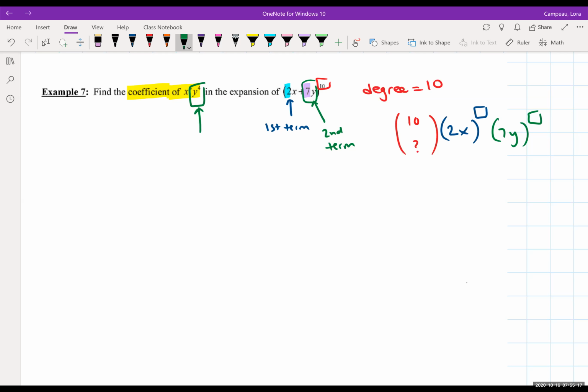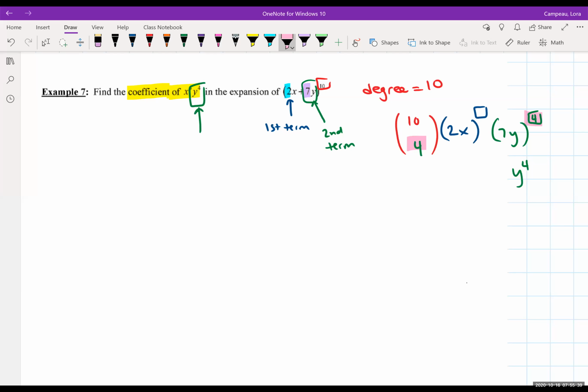So it doesn't really matter that we didn't know the value of 7y to whatever power. We do know that it will be y to the 4th at the end. So we just fill in a 4.